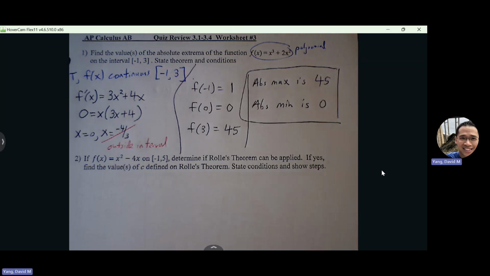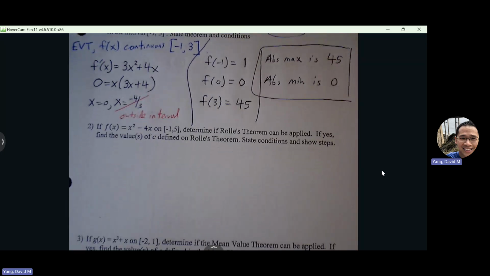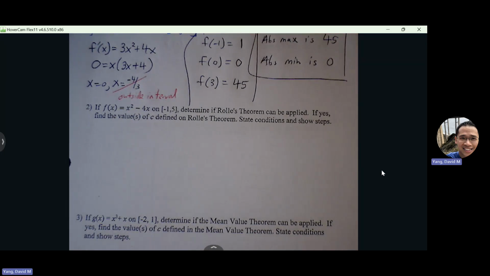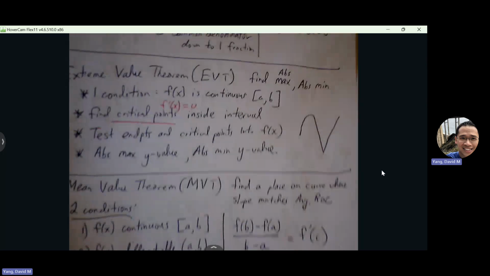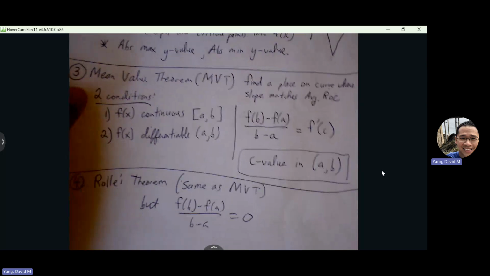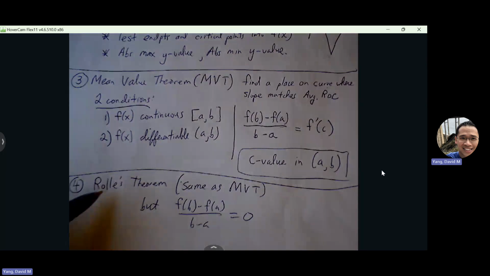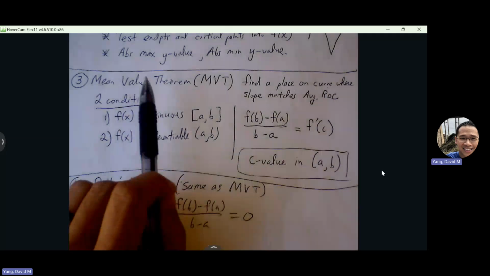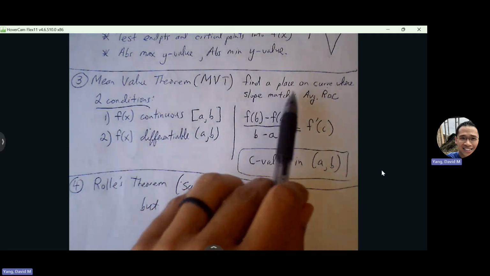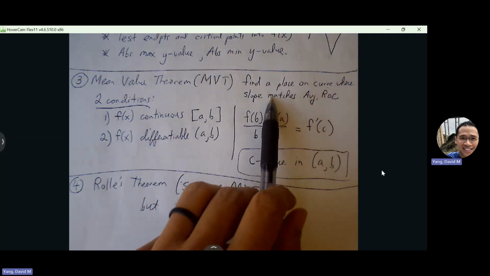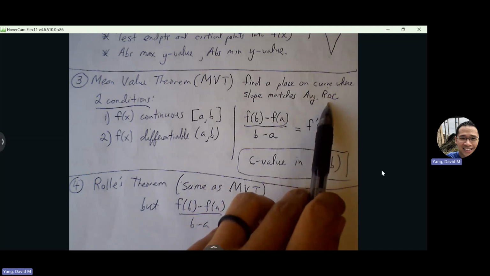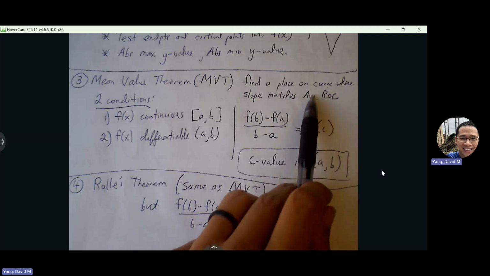Right. Number 2 and 3 involves Rolle's theorem and mean value theorem. Let me go through just reminding us of that process. So really, it's really mean value theorem. Rolle's theorem is just a subset of it. So mean value theorem, the whole purpose is we're trying to find a place on the curve where the slope matches the slope of the average rate of change.